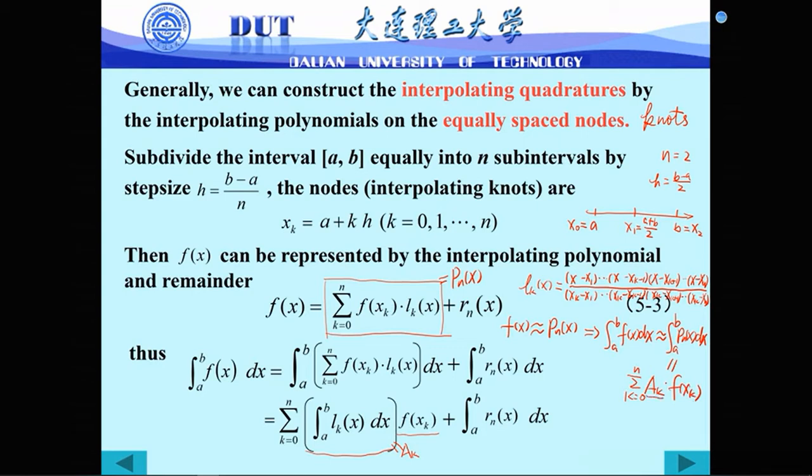What is A_k? A_k is the integral of l_k, each Lagrange interpolation basis function. So here we use the interpolation polynomial to construct the numerical quadrature, or numerical integration formula. So that is the application of interpolation.